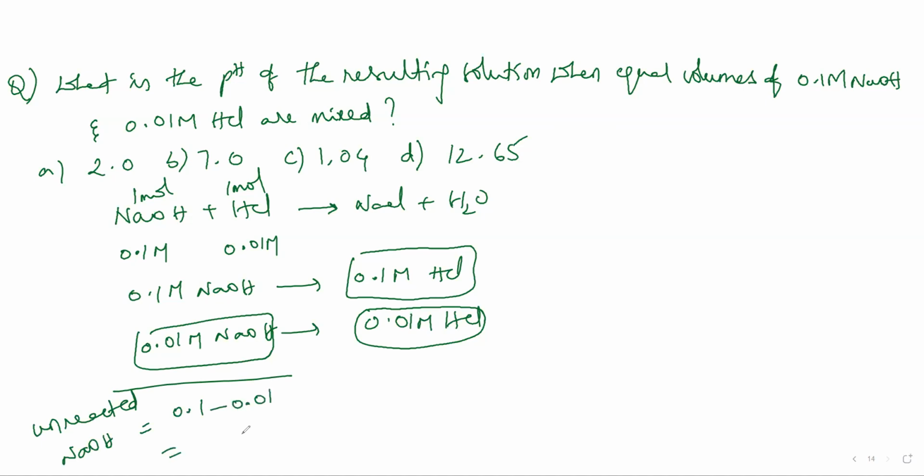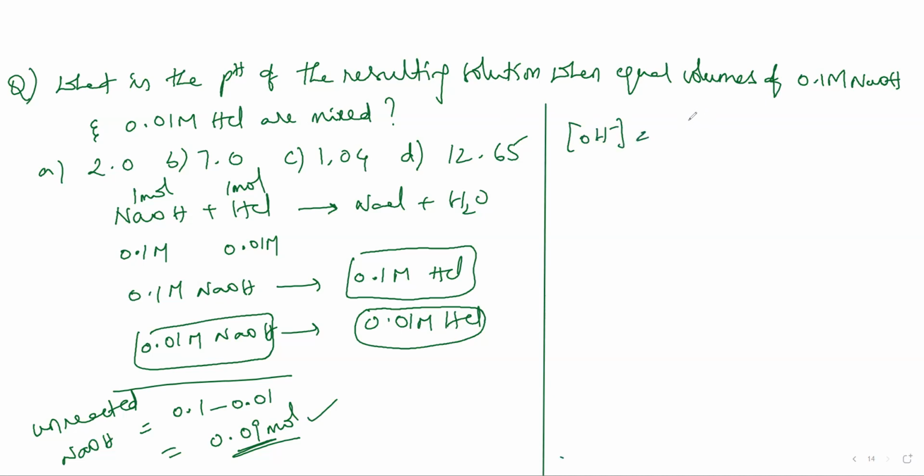So what is remaining, sir? 0.09 molar NaOH solution. So the solution which is present, base is present. So what is the concentration of OH minus from this?